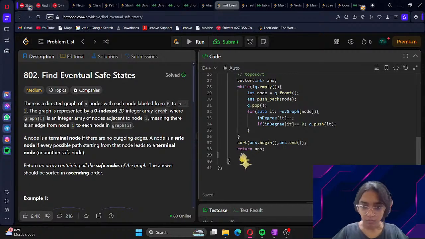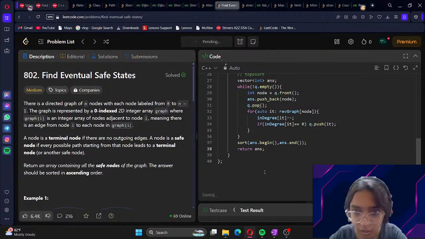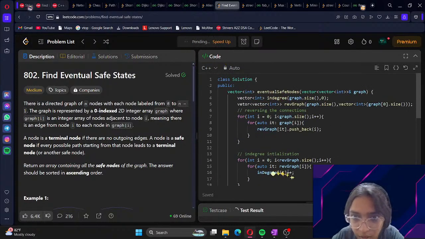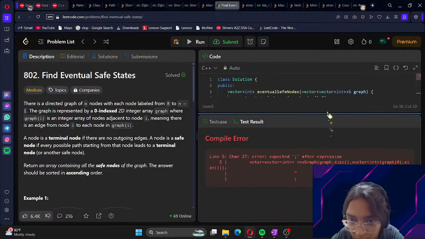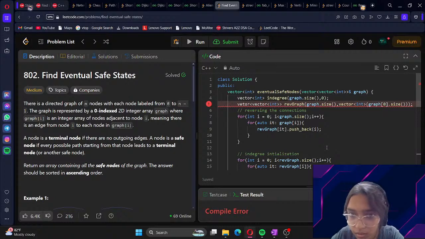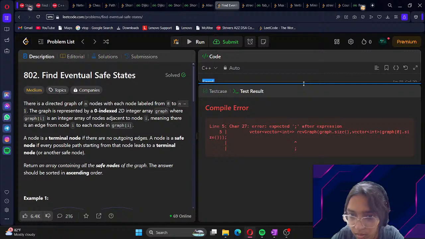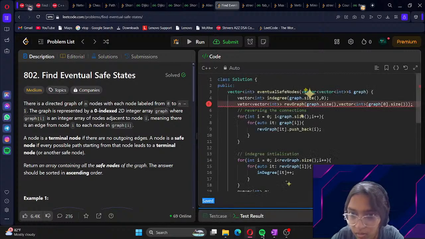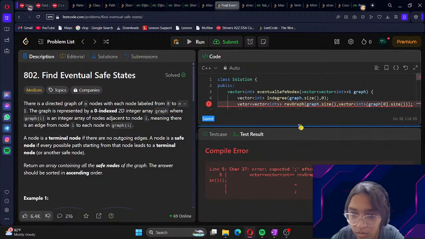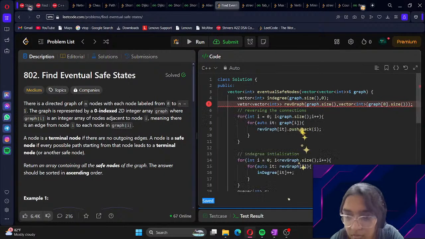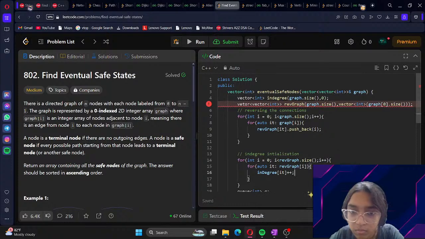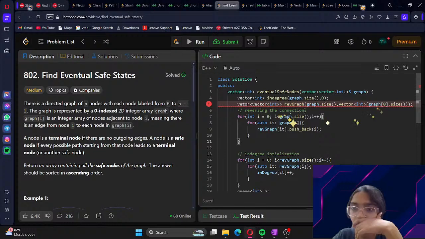I just hope this works, because as far as I look at it, okay, what error did we get? Come on. What error is the signal?